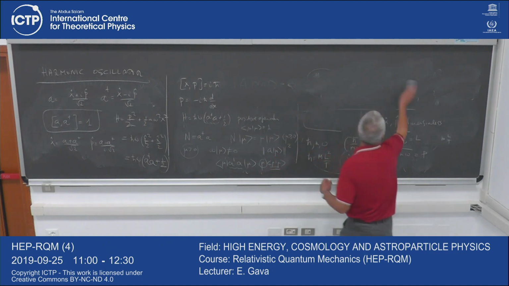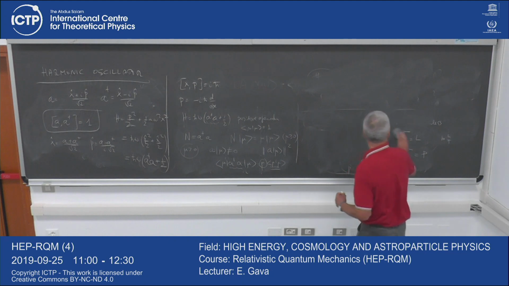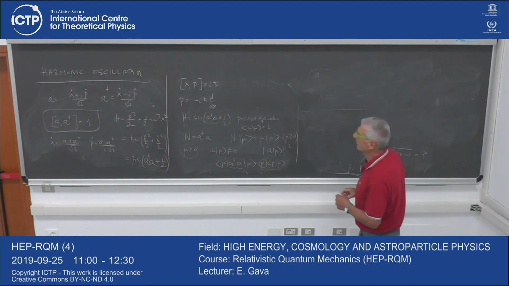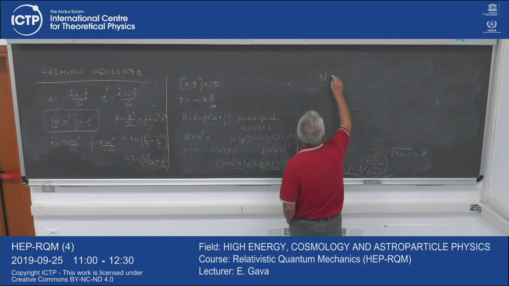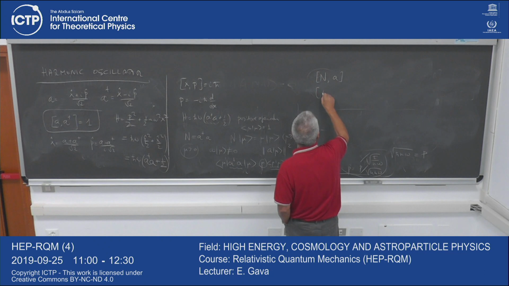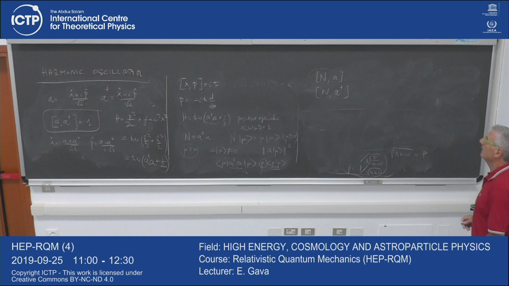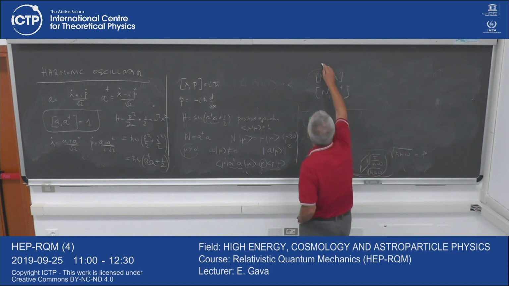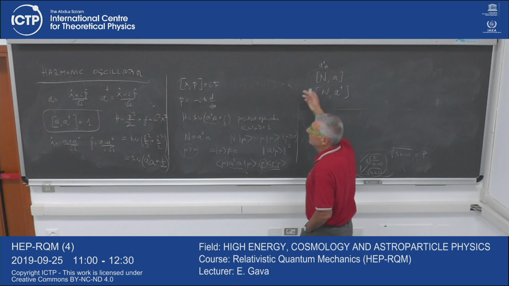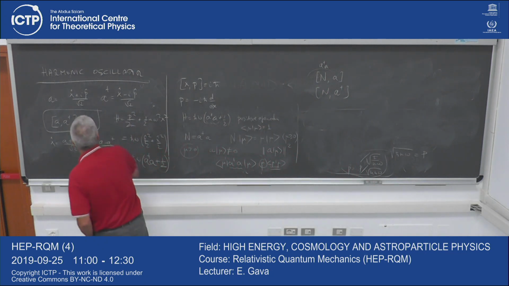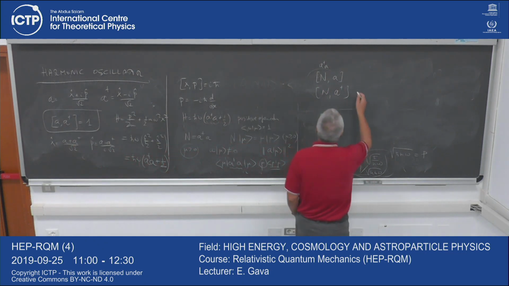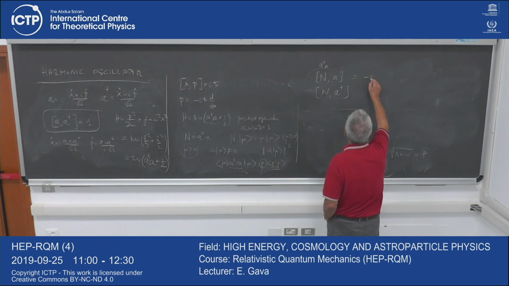The other thing that is useful to know is what are the commutators of n with A and n with A dagger. Now, this is A dagger A. To compute the commutator is very easy. You use just this, right? And what do you find? You find that this is minus A and this is plus A dagger, right?